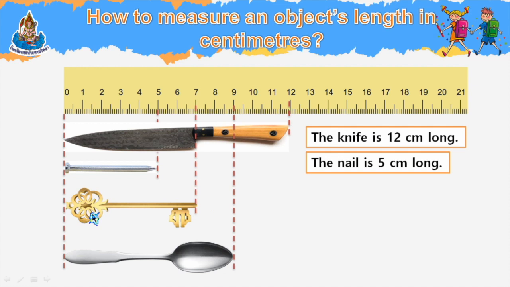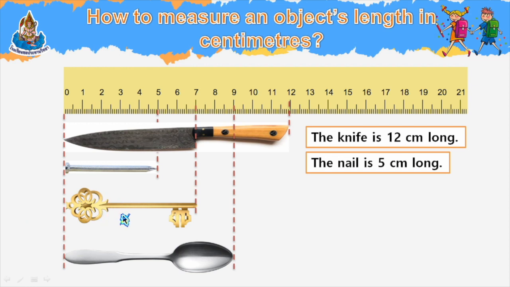Next one. What is this? It is a key. A key inside the house, a key for a car, a key for your motorbike, a key for your room, for your cabinet, a key for your bag.